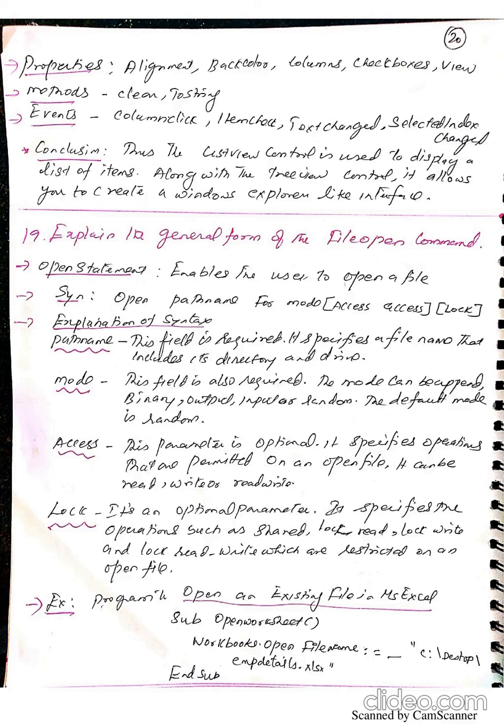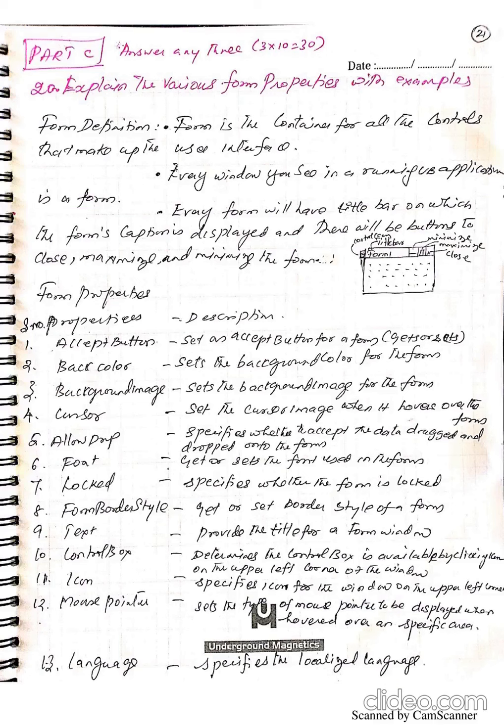TopMost is a true or false value that specifies whether the form remains on top of all other forms in the application. Width is the width of the form in pixels. Height is the height of the form in pixels.